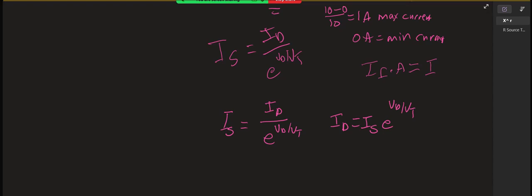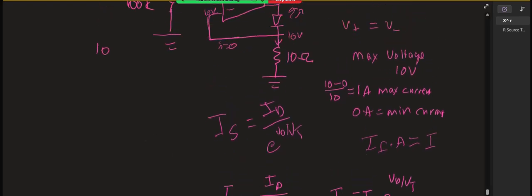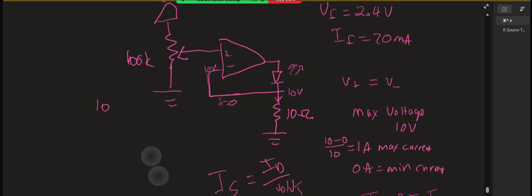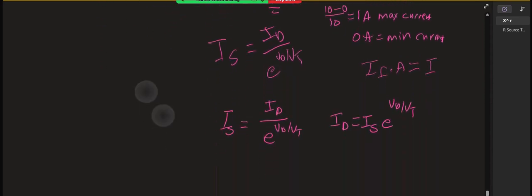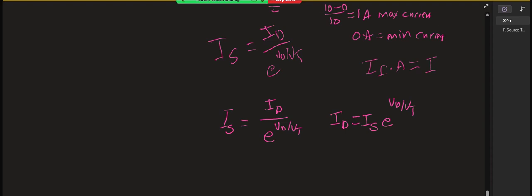And we were given VF is 2.4. So ID was 1 amp. And IS, we were given IS, but let's see. And then E to the 2.4 over VT, where VT is usually 0.025.